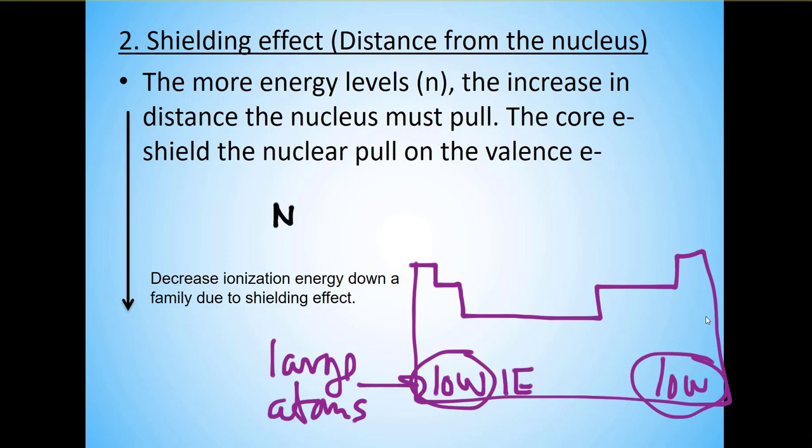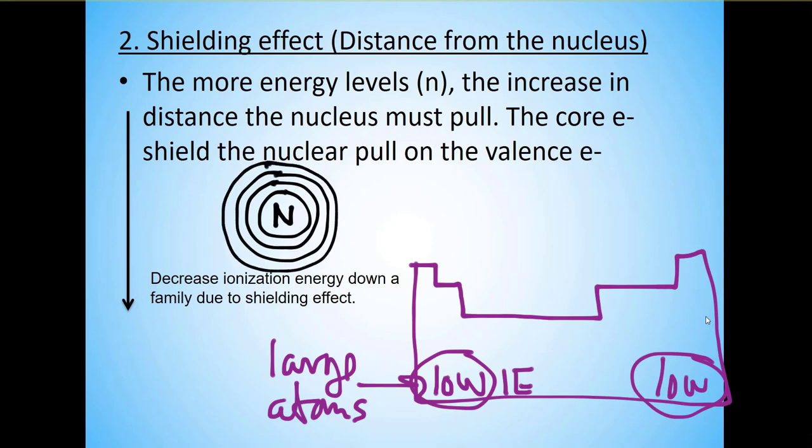So when you look at an atom, nucleus in the middle, and they have all these energy levels. And as the atom gets larger and larger, the valence electrons, the very outer electrons, are loosely held. And we find that the inner electrons are going to shield the nucleus's pull on those outer electrons.